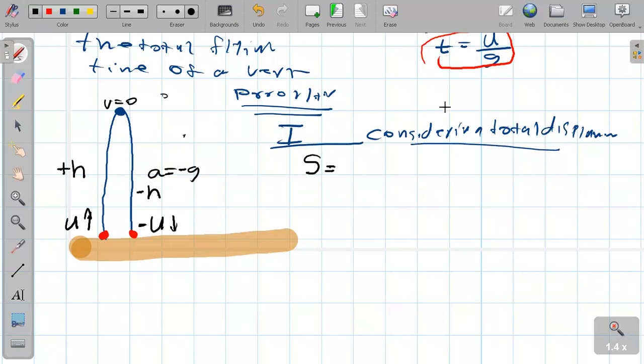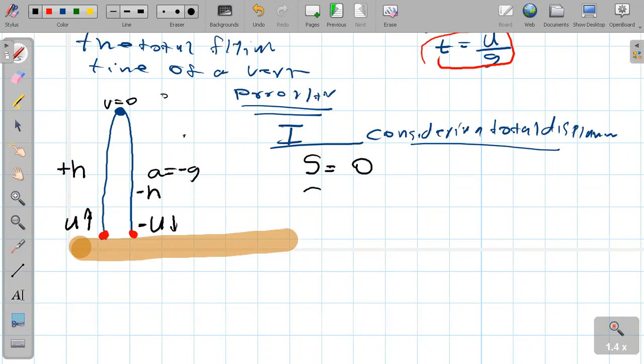Others? Displacement is 0. I'm really happy. Displacement is 0.